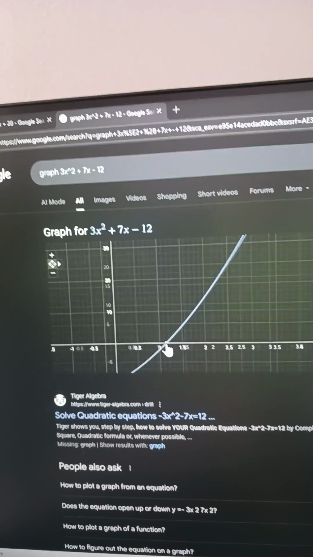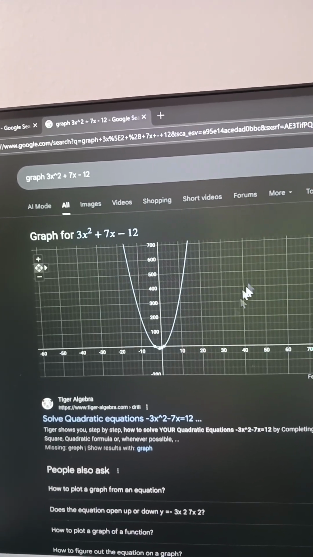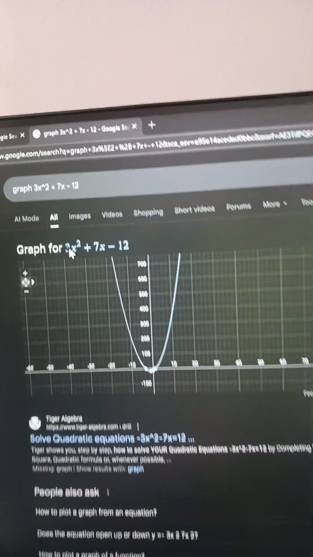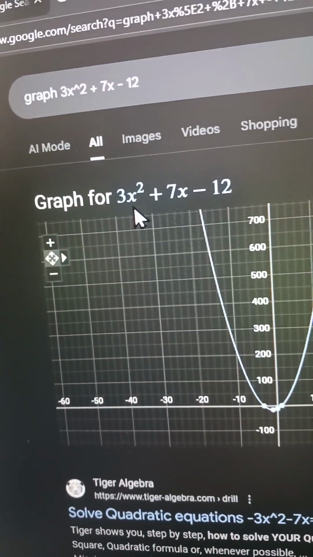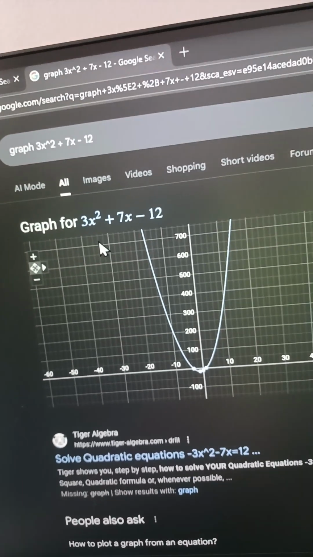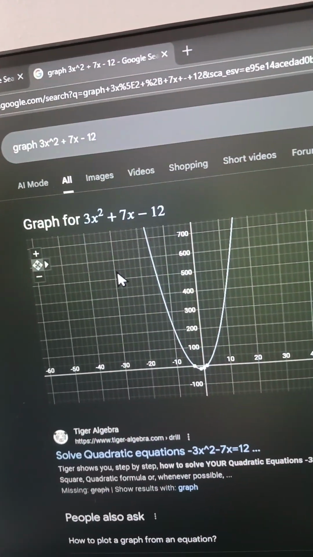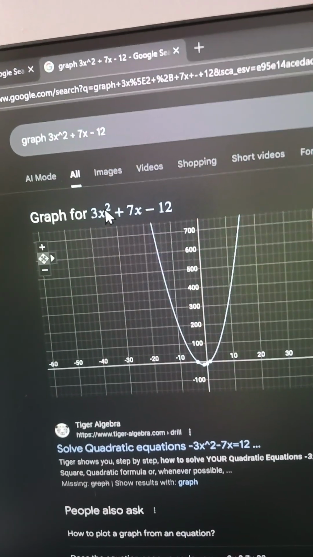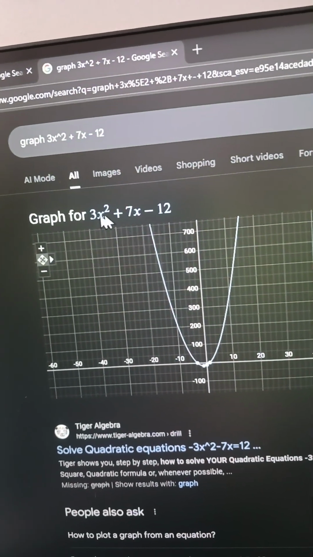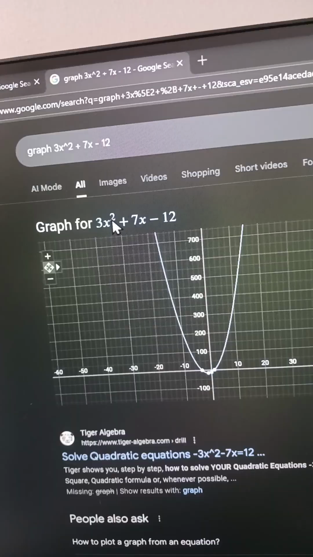And if we just zoom out, you can see what this plot looks like. Since the highest power is x squared, this is an example of what I think is called an even function. The odd function is when it's cubed. For an even function, if you have a negative value squared, it's still going to be positive.